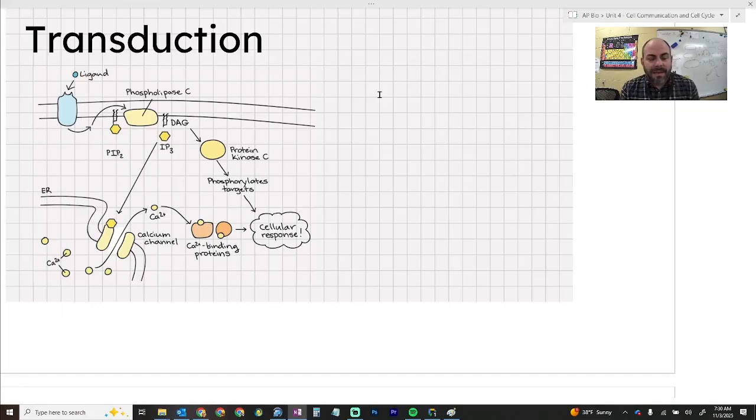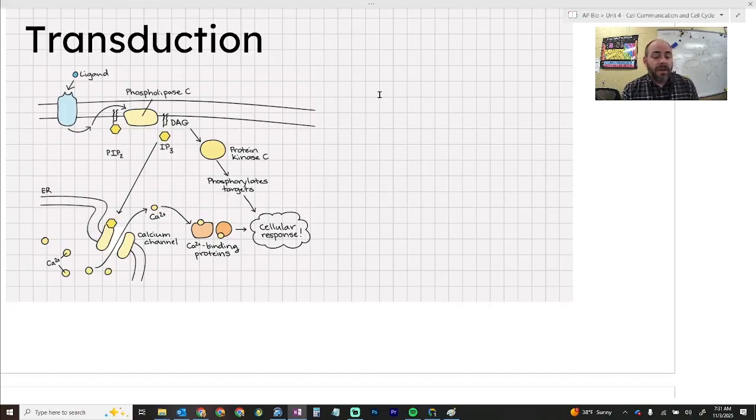We can see that the ligand binds to the blue molecule, and the blue molecule then signals or turns on phospholipase C, which is then going to elicit something called DAG, and then that's going to turn on IP3 and also protein kinase C, right?